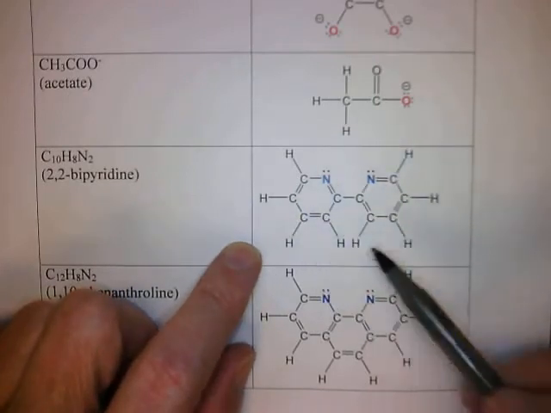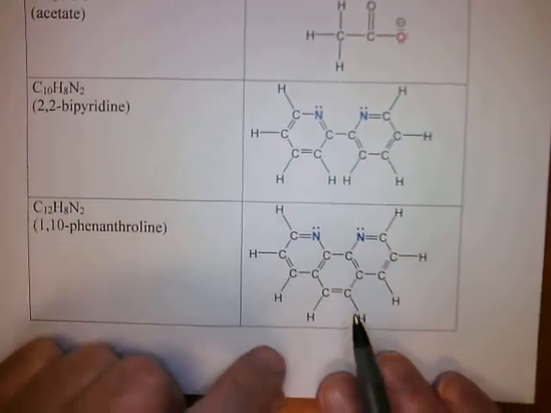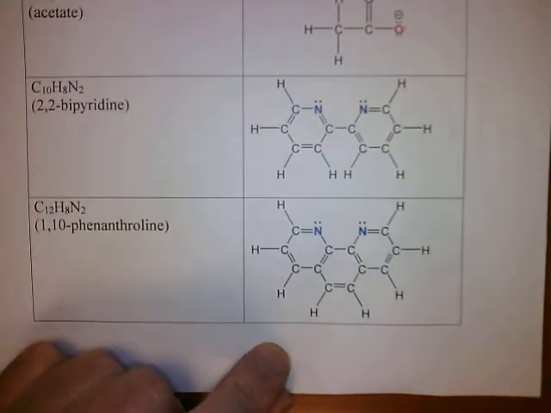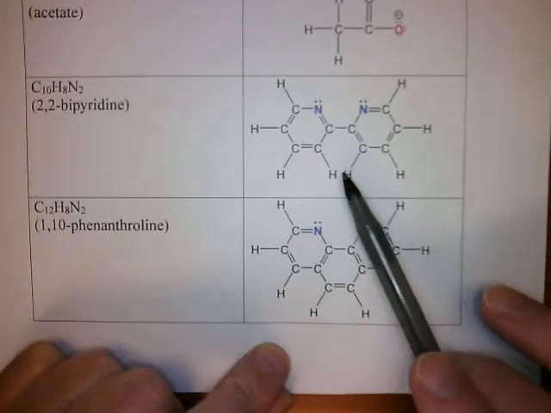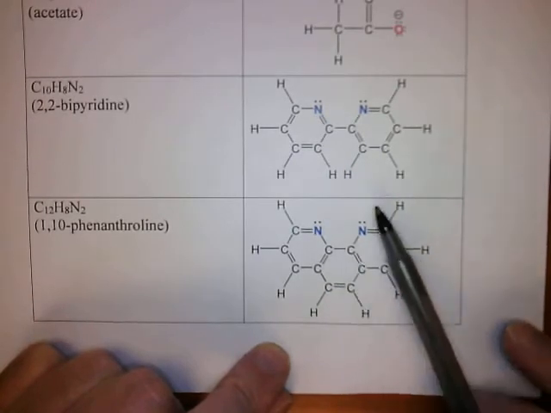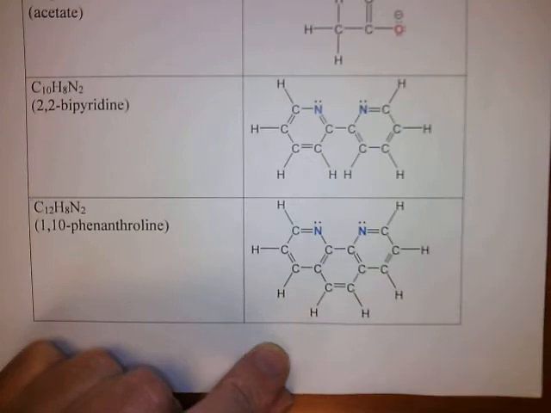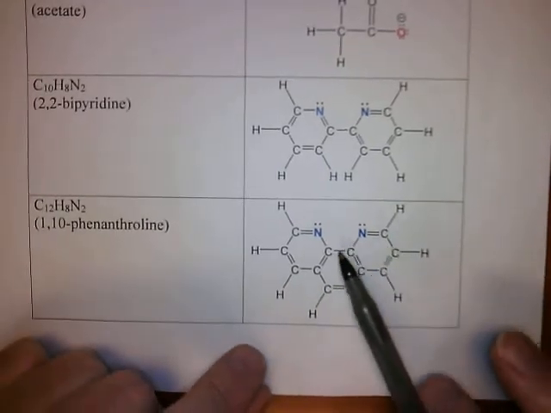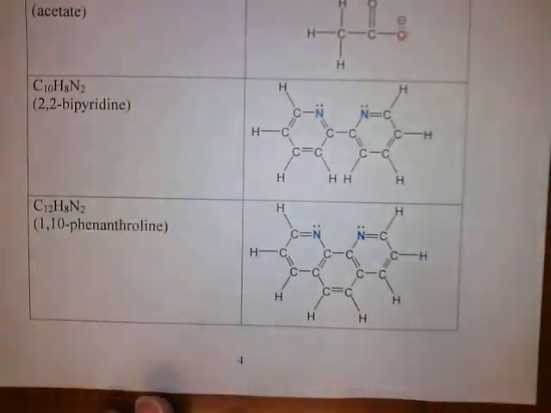It's all sp2 hybridized carbon. And we come down here, 1,10-phenanthroline, almost the same thing. All we've done is add 2 more carbons that basically complete this ring. This one cannot bend and flex because you now have a ring here that keeps it from bending.